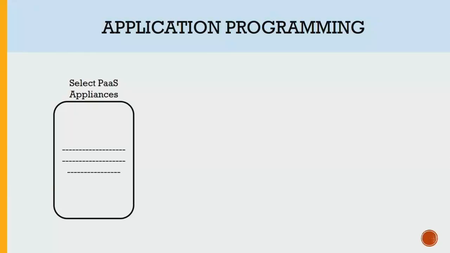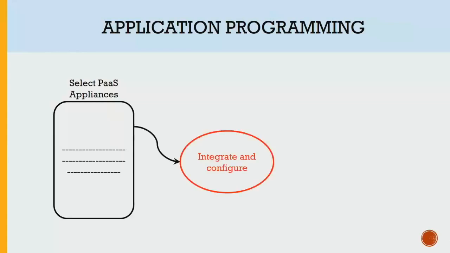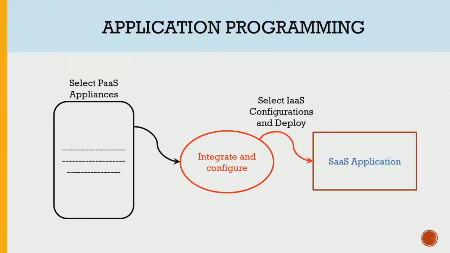So first select those images, then integrate and configure them together so that together they make sense and solve your problem, and then you have to select the hardware configuration or the instance configuration on the public cloud, like number of cores, their speed, memory, network location, network I/O, and you create an application.